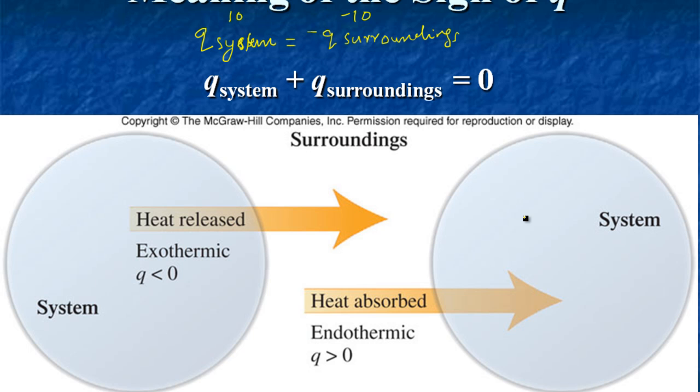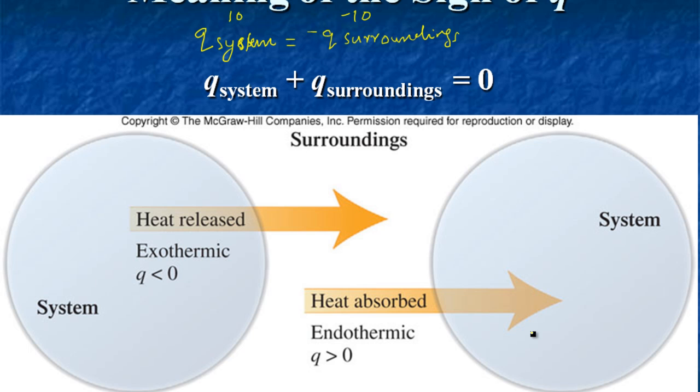It is an endothermic reaction because water is absorbing heat, right? So that is an endothermic reaction, heat absorbed, and when you calculated Q, what was the sign? Was it positive or negative? It was positive. So basically that sign comes from the delta T sign.